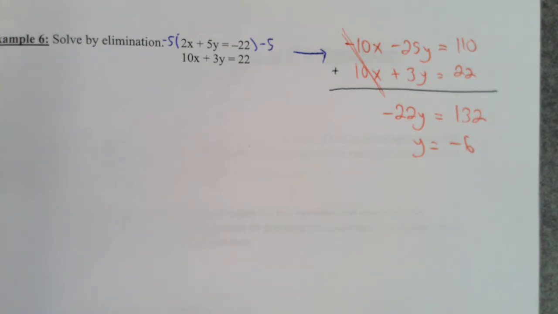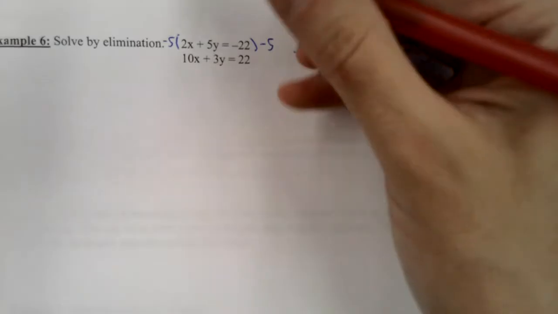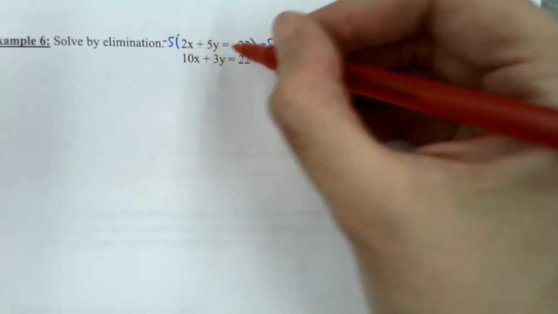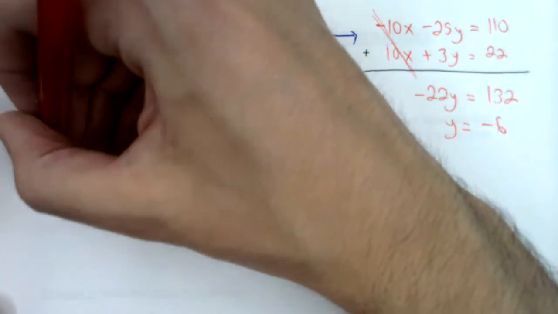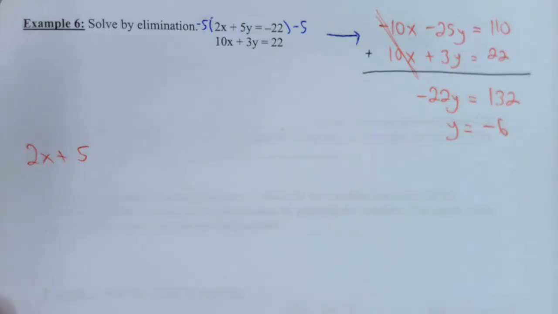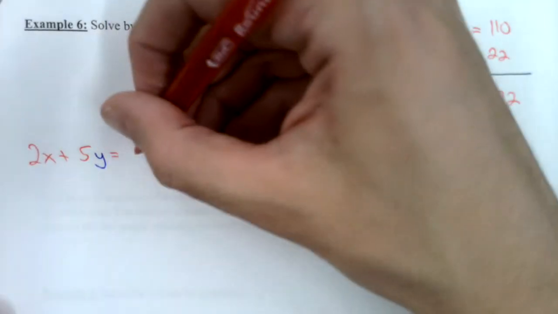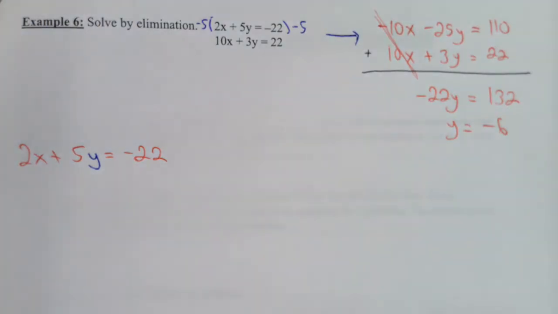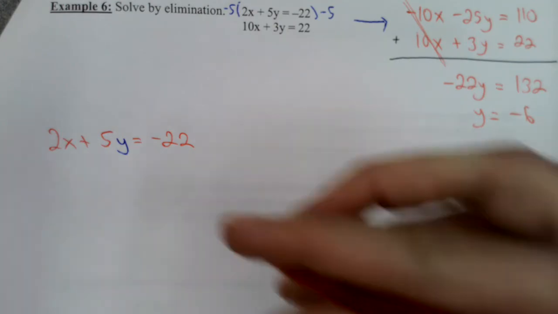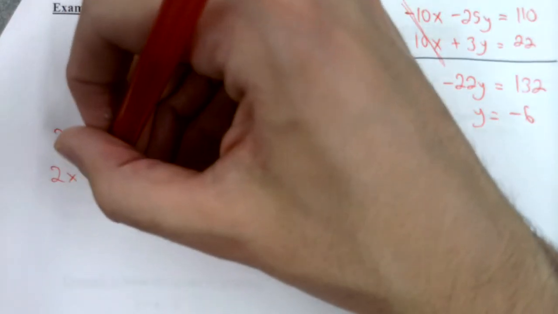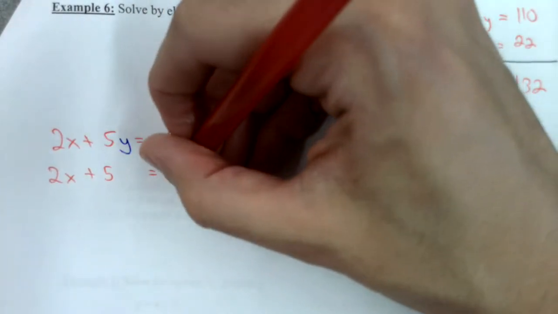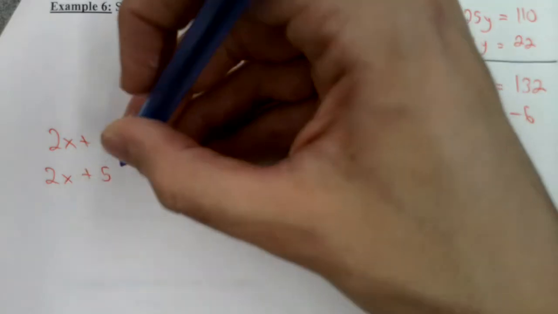So now you have y. Now you have to solve for x. Go back into any equation you want. I'm going to go back into the easiest one, which is the top one. 2x plus 5y equals negative 22. And let's substitute in for y, because we know y is negative 6.